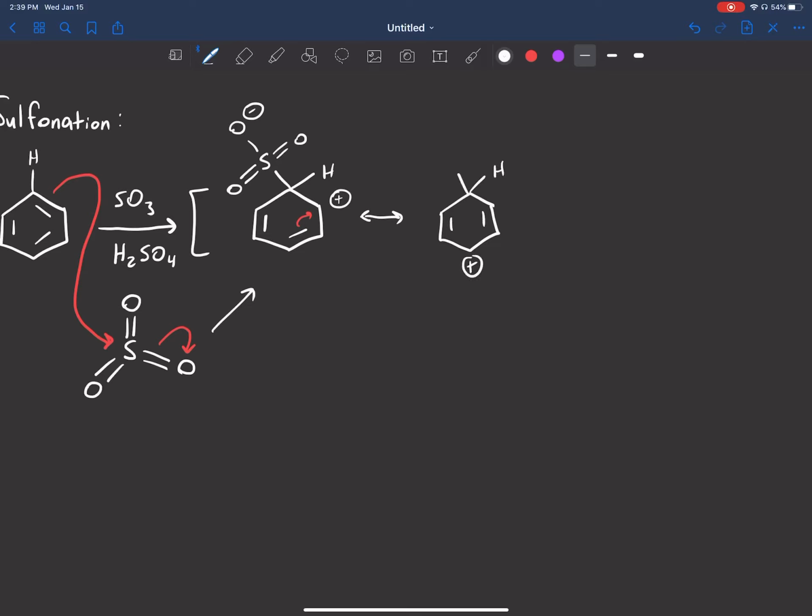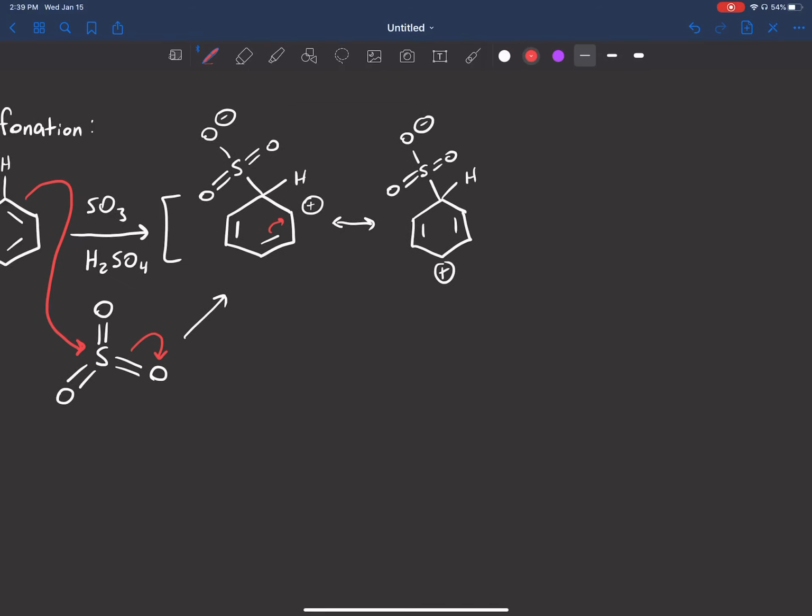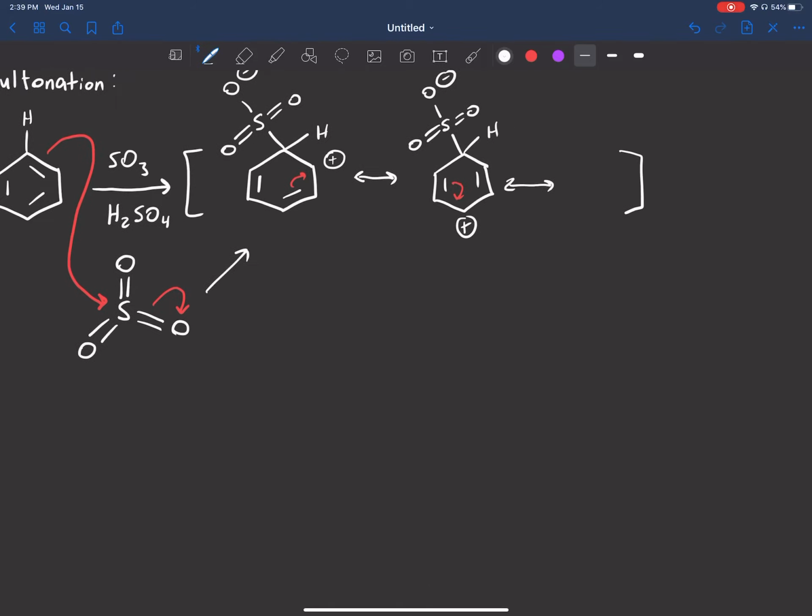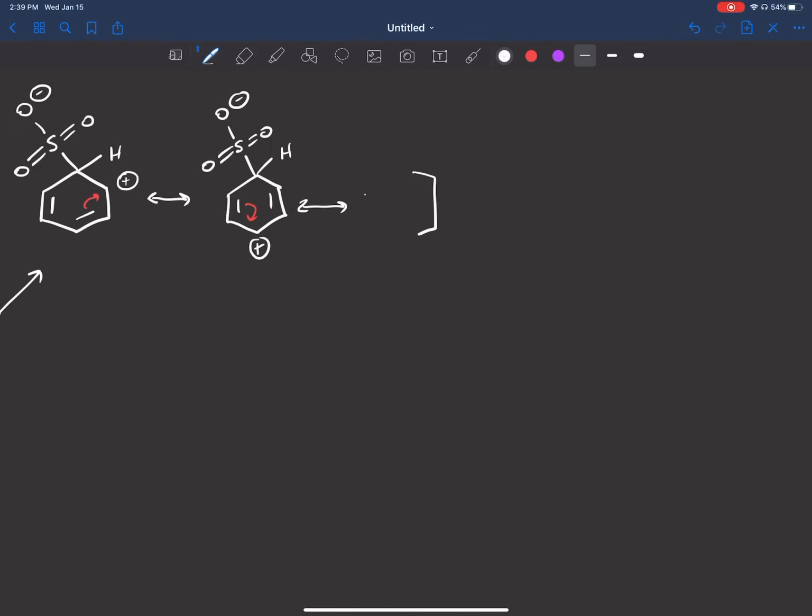Our hydrogen and our sulfur group are still where they are. Again, we could bring this down, but I'm not going to show that. You've seen it already. We're going to put this here. I'm going to just skip ahead. Well, actually, I guess I will have to draw it. Sorry.